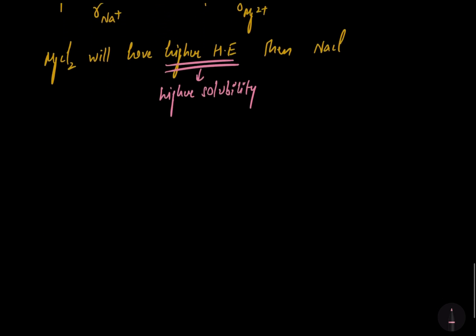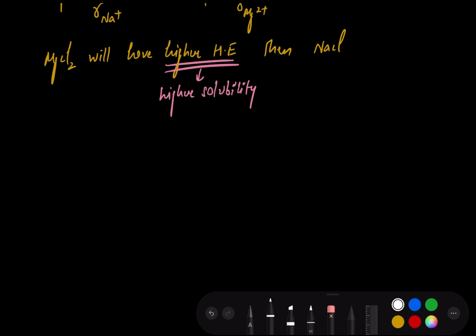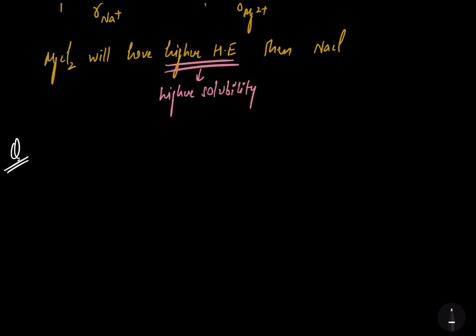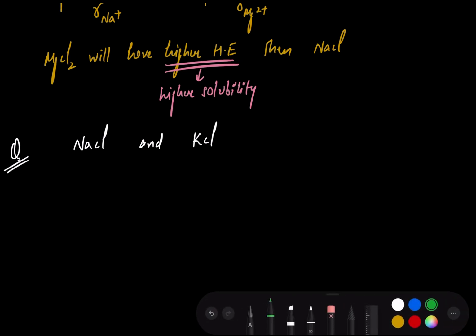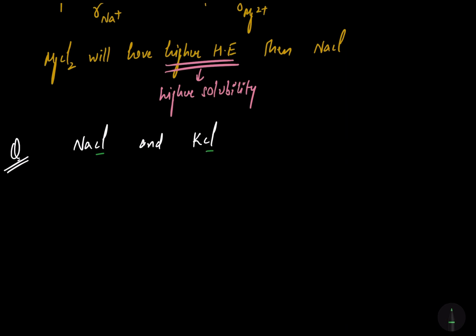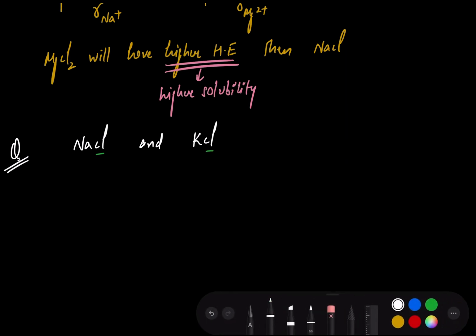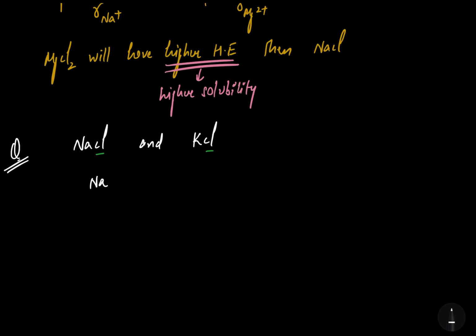Now let's take another example. Here I am taking an example group-wise. Let's take NaCl and KCl, sodium chloride and potassium chloride. Here also the chloride ion is common. Then just leave it. Now let's focus on Na+ and K+.